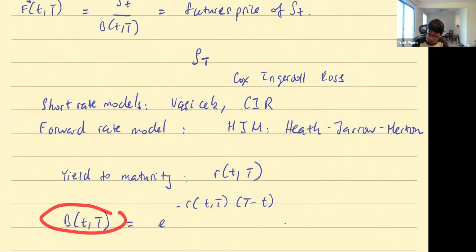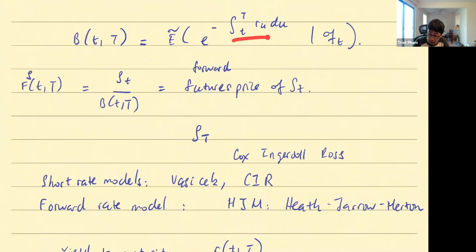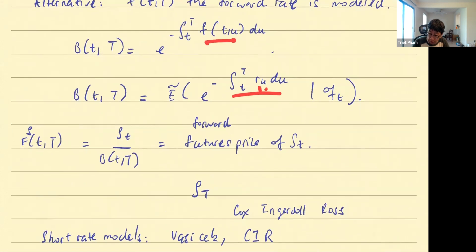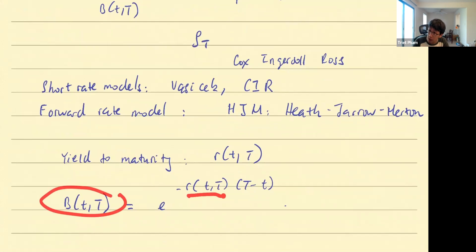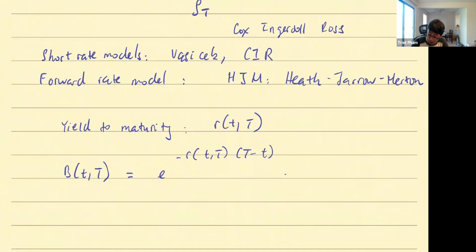Does that make sense? The whole complication of the bond is that the rate, or the forward rate, will change. But if I use one single fixed rate, just to make it easy, suppose I go back to my original framework where the rate is constant, then it's really this.